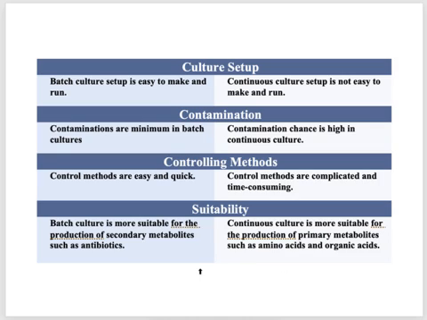But if your product is a secondary metabolite such as antibiotics, in that case we should use batch culture, or maybe we can use fed-batch culture. Because if you remember, in fed-batch culture we can design it in a way that the stationary phase will be prolonged, and in that case more secondary metabolites will be produced.